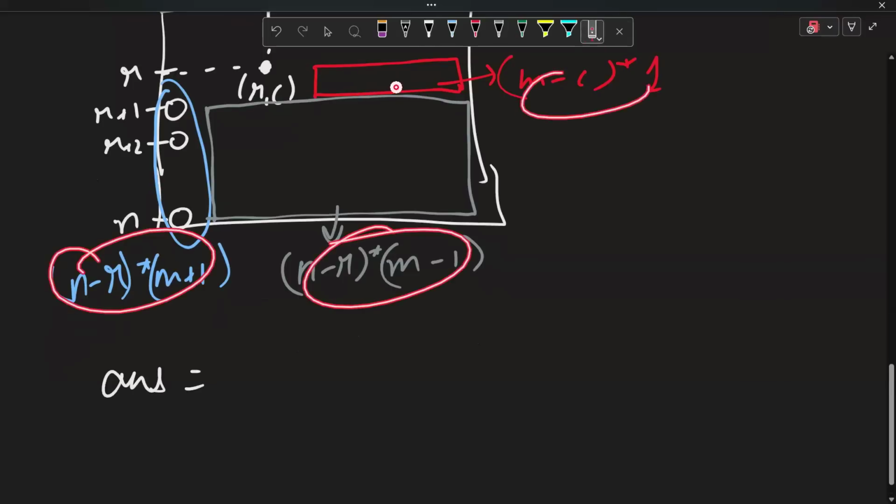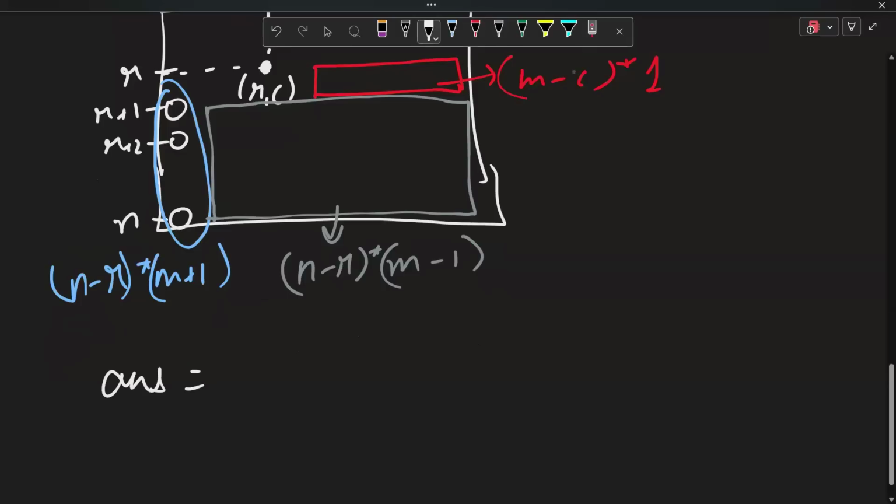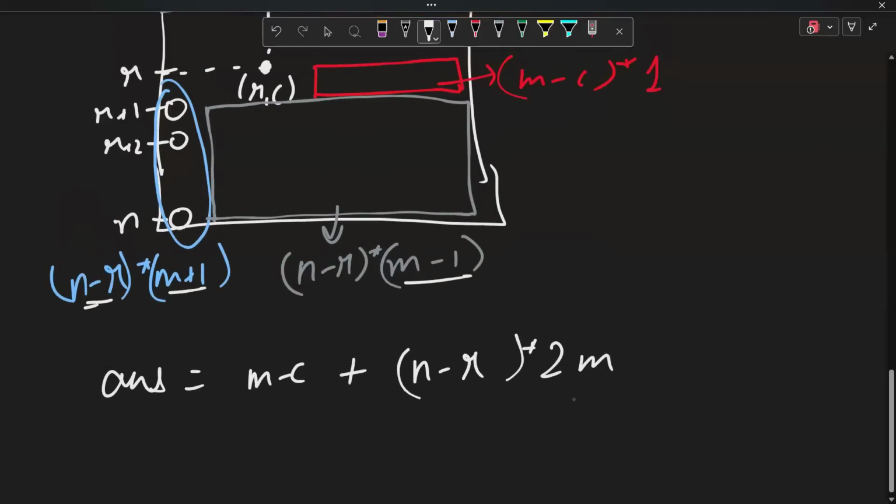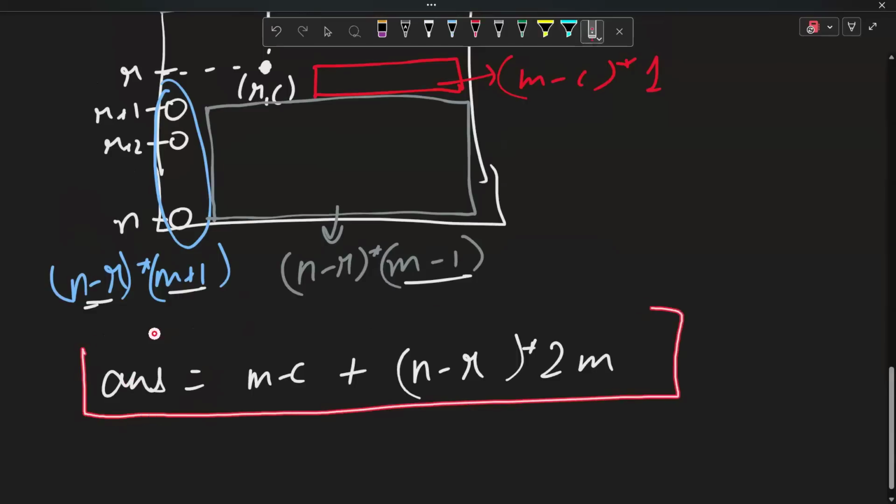If you add m minus c from here plus n minus r times here m plus 1, we can take common and write n minus r into m plus 1 plus m minus 1, it is 2m. I think this would be the formula, if I'm not missing anything. So the answer would be m minus c plus n minus r times 2m.